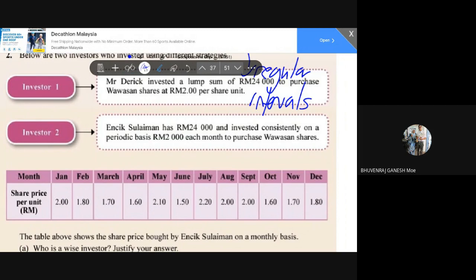No need to type so long if you have trouble. Just short and sweet. Investor 2 is a wise investor. Yeah, correct, good. Means you understand which method is preferable. So just one reason to support why you say that.